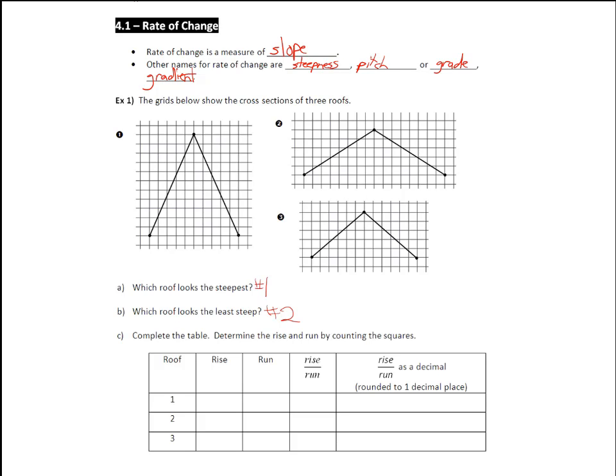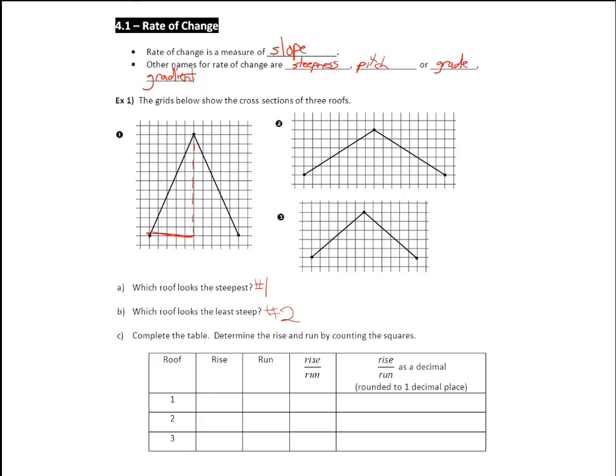So for part C, I'm going to have you complete the table. Determine the rise and run by counting the number of squares. So for roof 1, let's do the rise first in this case, because it's going to get tricky if we do the run first and mess up. Along the dashed line, you need to count out the squares.